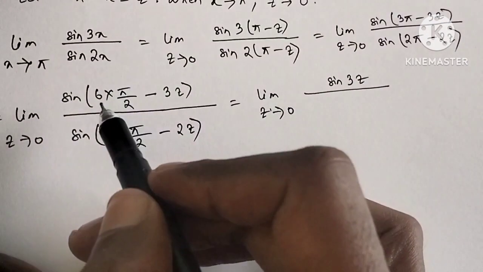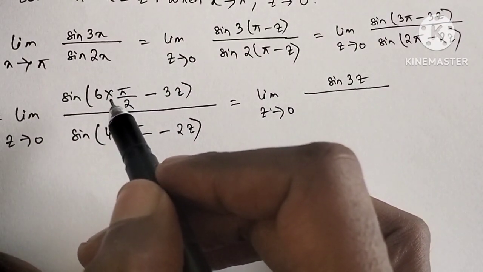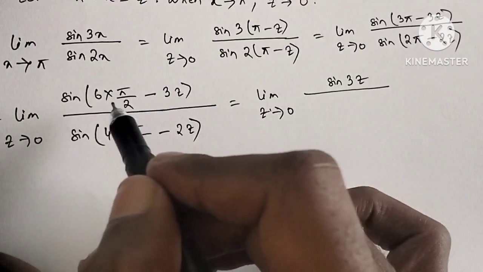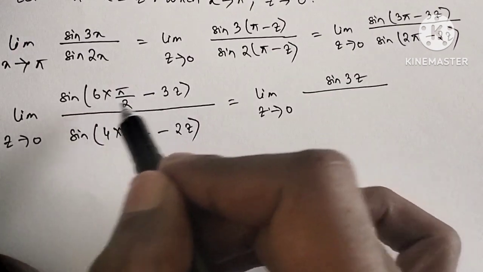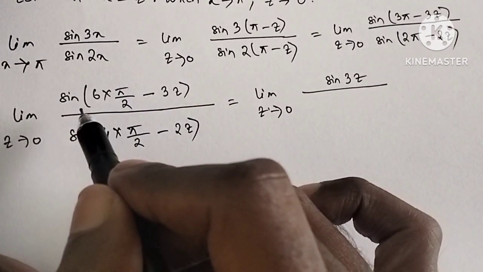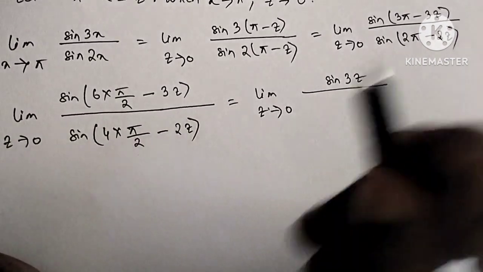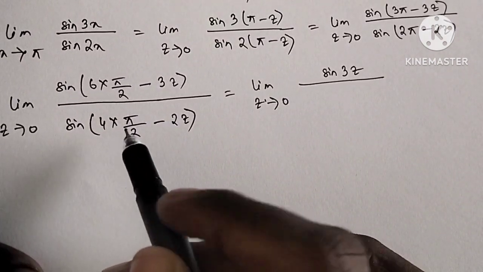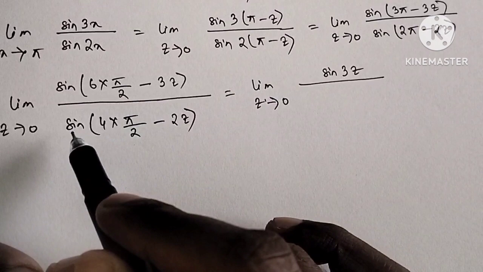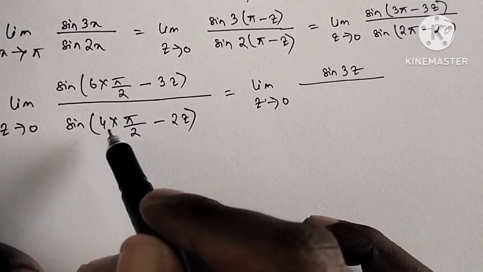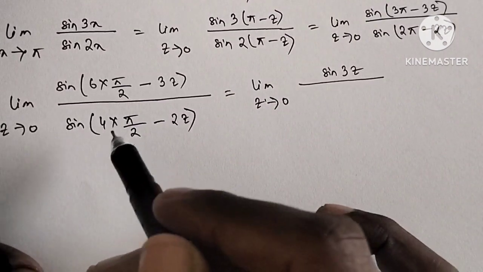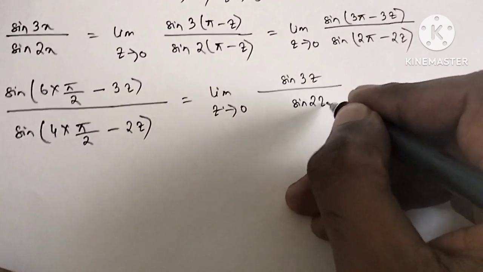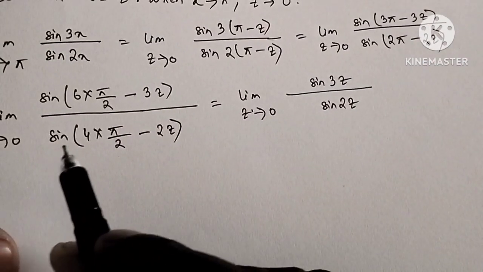Now see, it is in which quadrant? First, second. That means it is in the second quadrant, right? In the second quadrant sin is positive, so it will remain positive. And here it is sin 4, since 4 is an even number, so sin will remain sin 2z. Now see, it is in which quadrant?